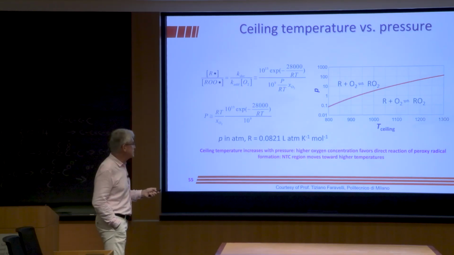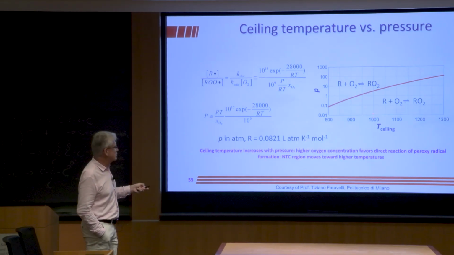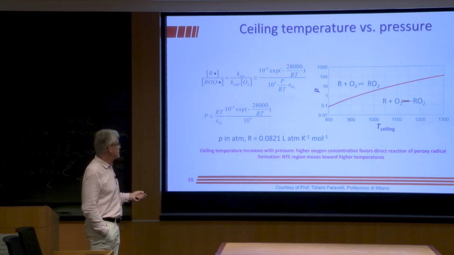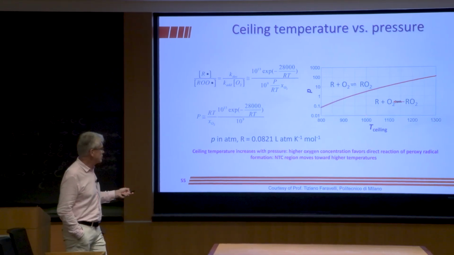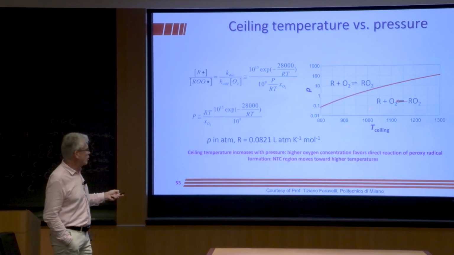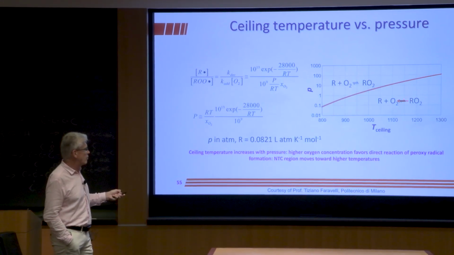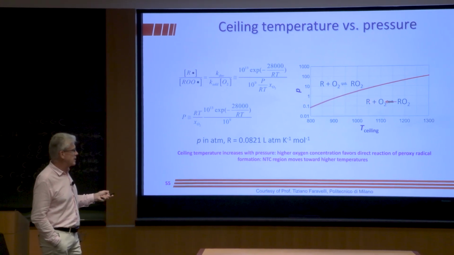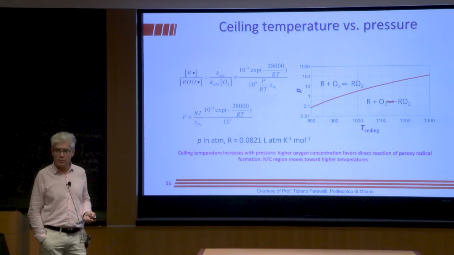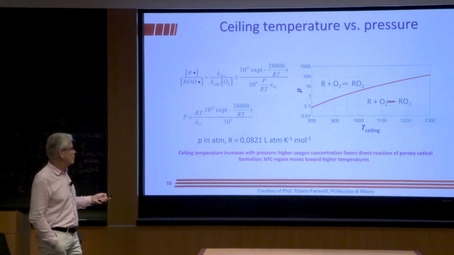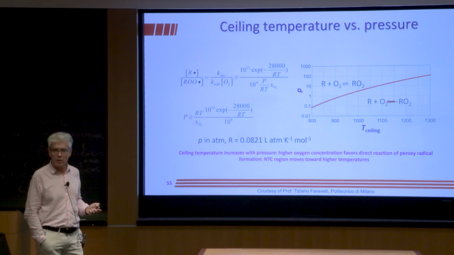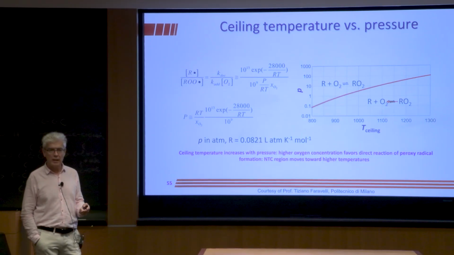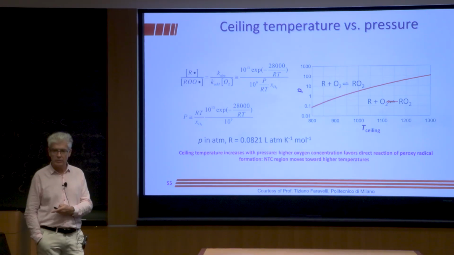And so what happens is, let's just pretend we're at 1,000 Kelvin, for argument's sake, right? So if we're at 1,000 Kelvin and at low pressure, we're below that equilibrium, and so the equilibrium lies to the left. We have R plus O2 giving us RO2, we have no RO2, we have R plus O2, and the alkyl radical is going to undergo beta scission and not add to O2 to give RO2.